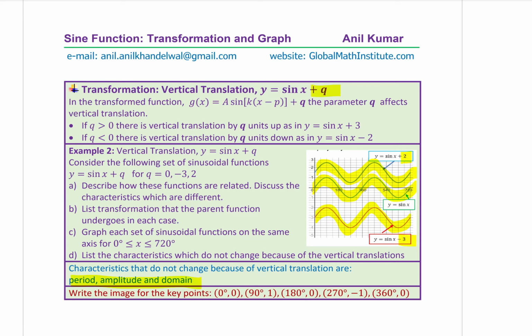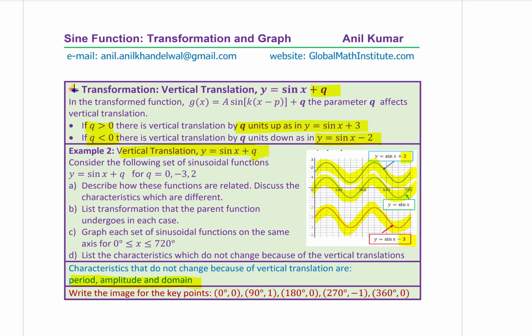Correct? So this translation up and down takes place. The parameter is q. If q is greater than 0, that means positive, then the transformation is q units up. If q is negative, then the graph will be translated q units down. An example here is the vertical translation of y equals sine x plus q. So this parameter q gives you the vertical translation.